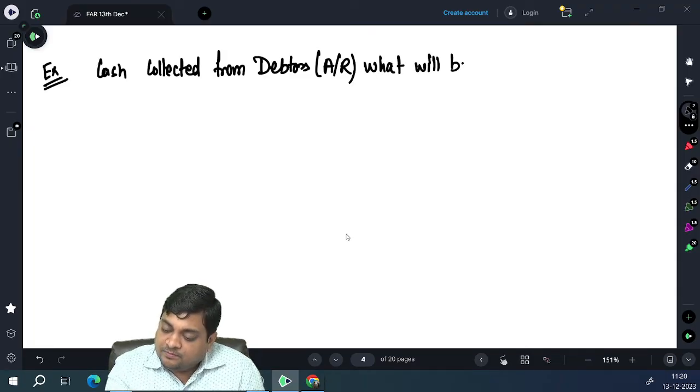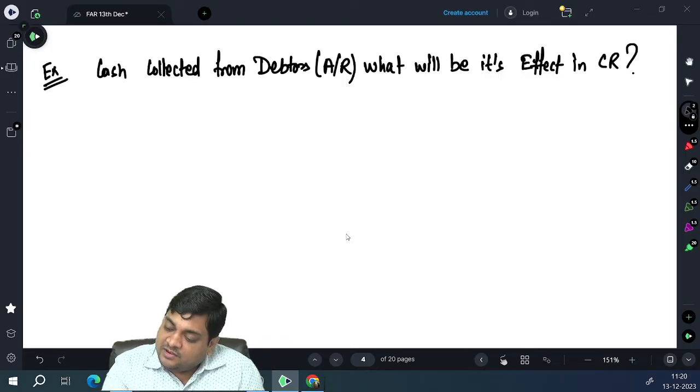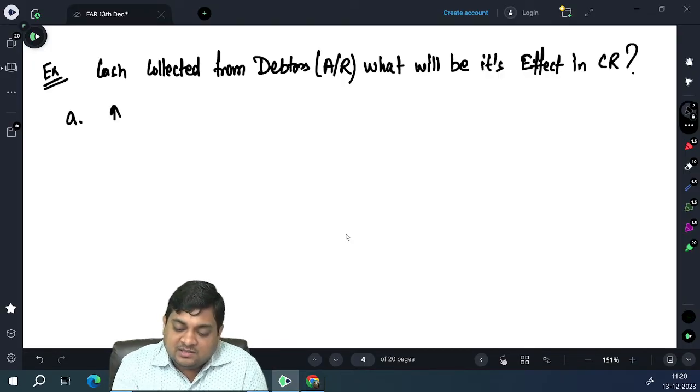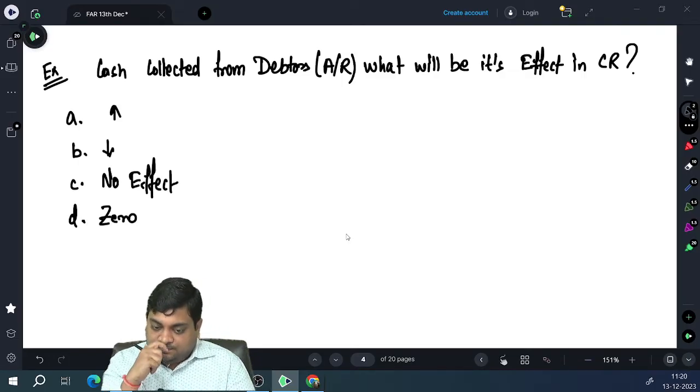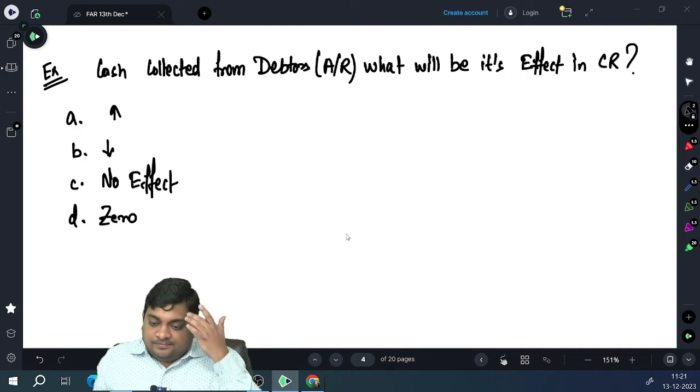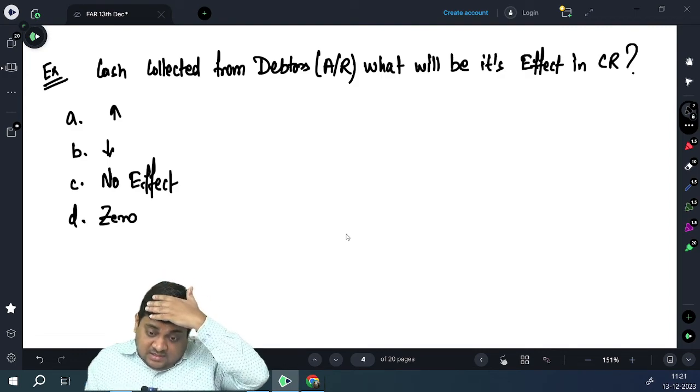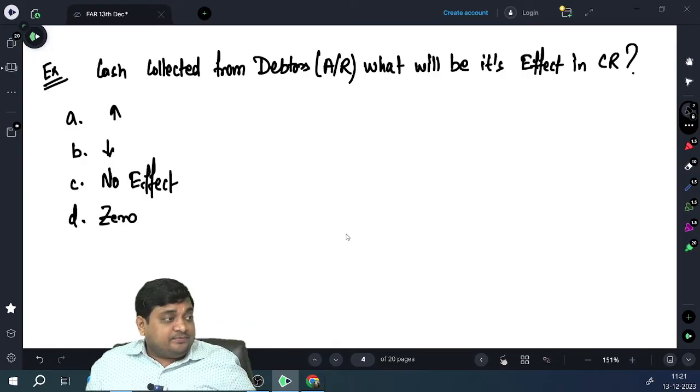What will be its effect on the current ratio? Increase, decrease, no effect, 0. Now this is something very important, right? These types of questions are generally expected in your exam, from this liquidity analysis.